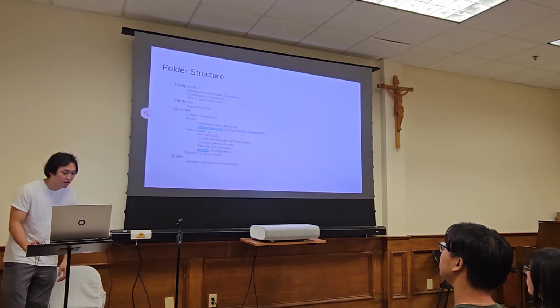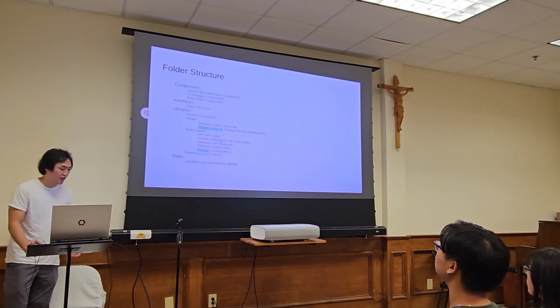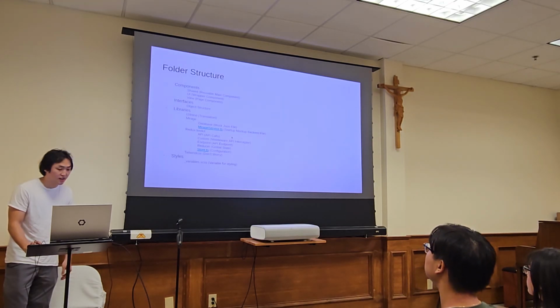Next thing is the Redux Toolkit. This is where the majority of our API and state management stuff will be at. The API folder is where we will make all of our API calls. Custom is where we have our middleware stuff, so we can intercept the API.